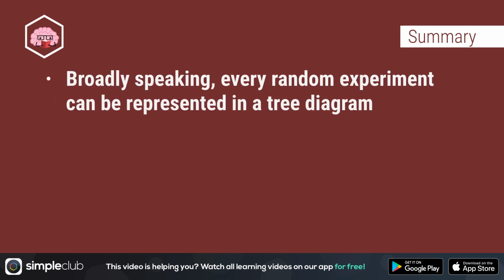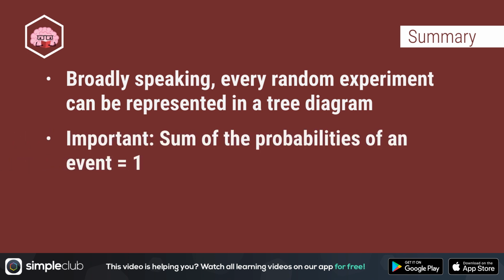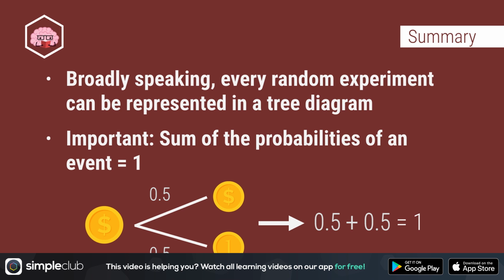Broadly speaking, every random experiment can be represented in a tree diagram. It is important to note that the sum of all the probabilities of an event is always 1. For example, when tossing a coin, the probability of either heads or tails equals 1/2 each, which together make 1.